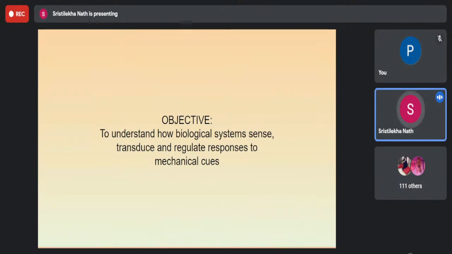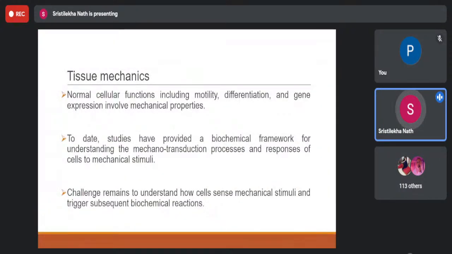Here I'm going to talk about a generalized objective: the main objective is to understand how the biological systems sense, transduce, and regulate the responses to mechanical cues, maybe sensed from the external environment or from within the tissues, inside the biological system. I'll be mainly talking about tissue mechanics, one of the very broad categories of biomechanics, which is a very emerging field, because we all know that our cellular system is under constant dynamicity.